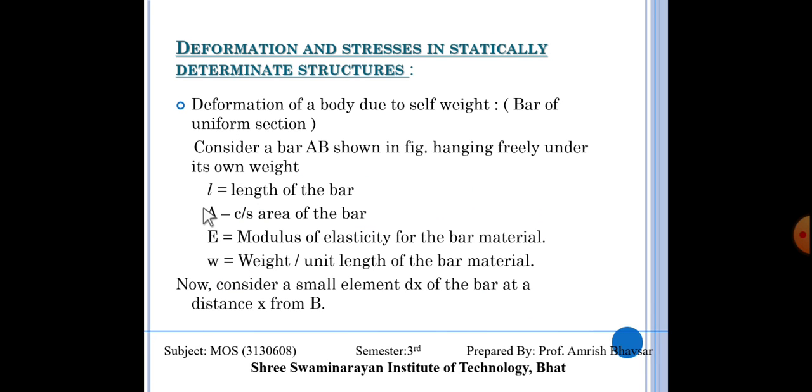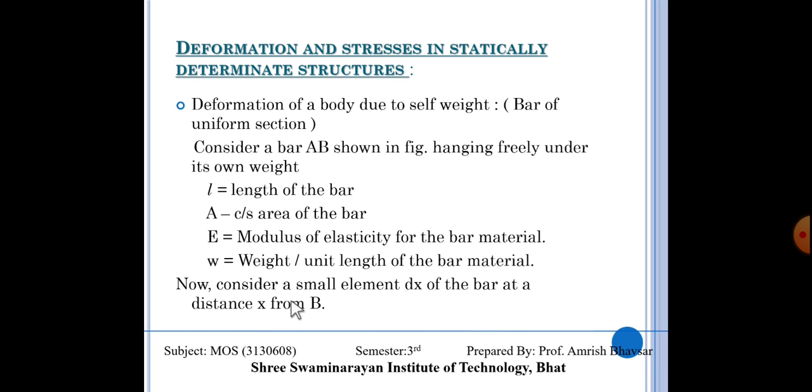Now, deformation and stresses in statically determinate structures. The deformation of a body due to self-weight. Consider a bar AB as shown in the figure hanging freely under its own weight. L is the length of the bar, A is the cross-sectional area, E is the modulus of elasticity, and W is the weight of that particular section.